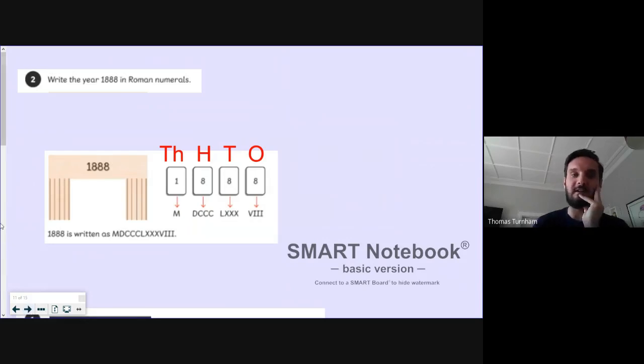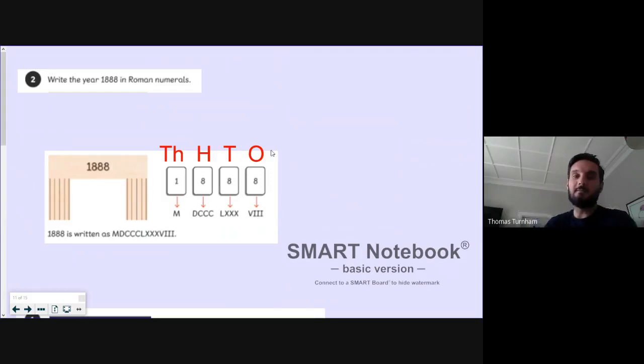Hopefully you've realized that when we write 1,888, 3 of those digits within that number are the same. Yet in Roman numerals, that's not the case. The numerals aren't the same, although the pattern is 3 C's, 3 X's, 3 I's.